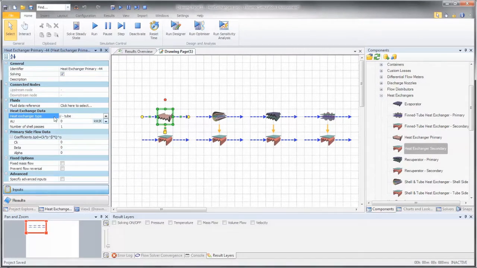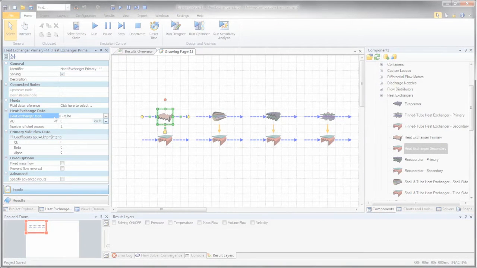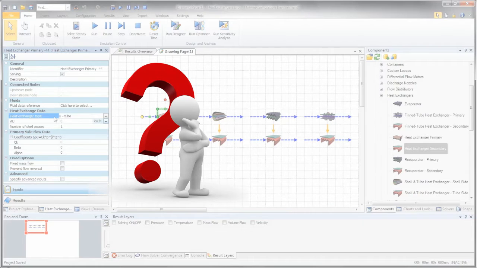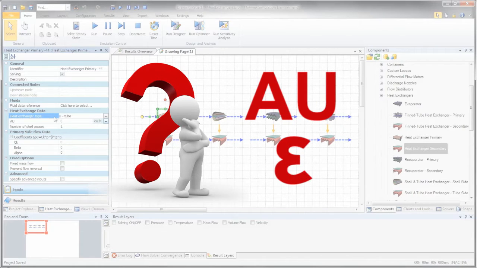But let's pause here for a bit. Can you even remember what is this AU and effectiveness gibberish I'm talking about? Let's quickly run through the theory.